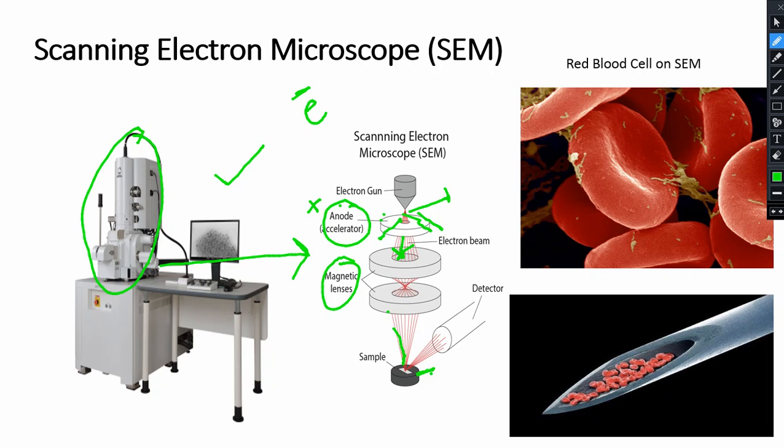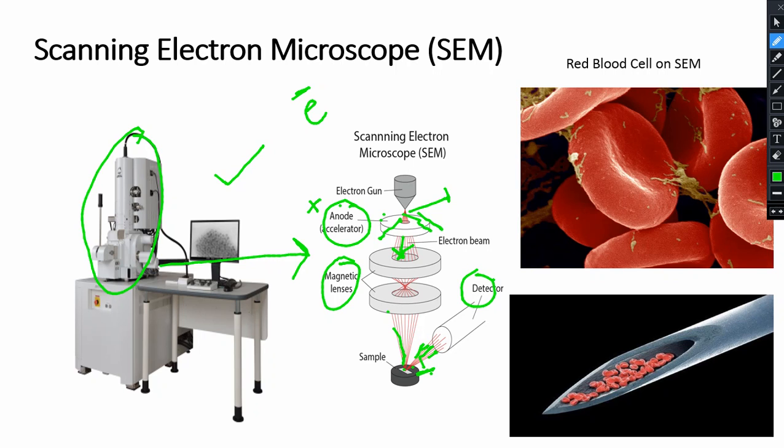Okay, so how does the scanning electron microscope work here? It reflects the electrons back, and with that reflection the image is produced. Okay, here is the detector.